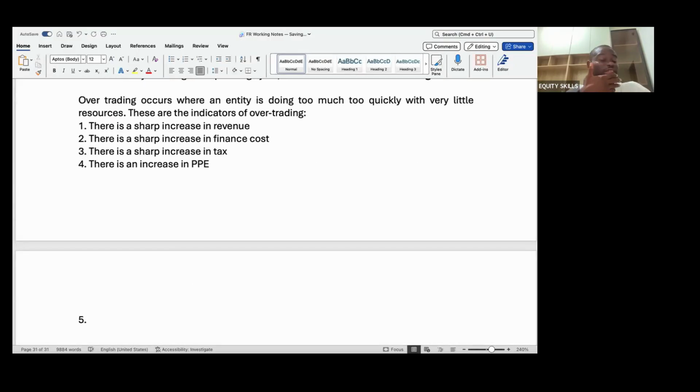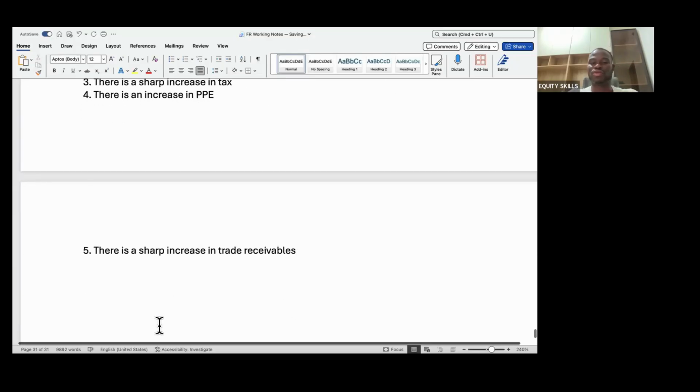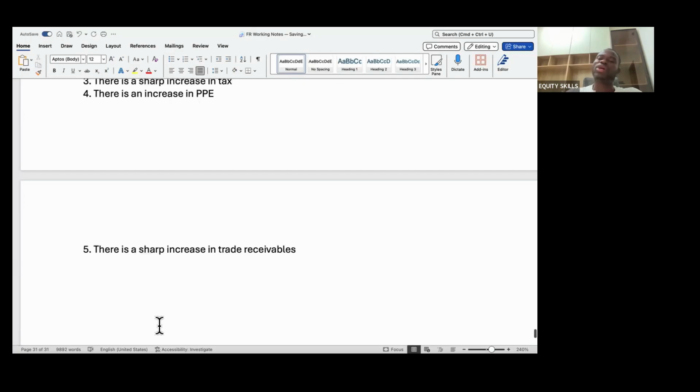And also you will see a sharp increase in receivables, because they just want to sell, they just want to do turnover, but people are not paying. They're not selling to the right customers. They are giving too much discounts. They are encouraging people to just come and buy, but they can't recover their money.